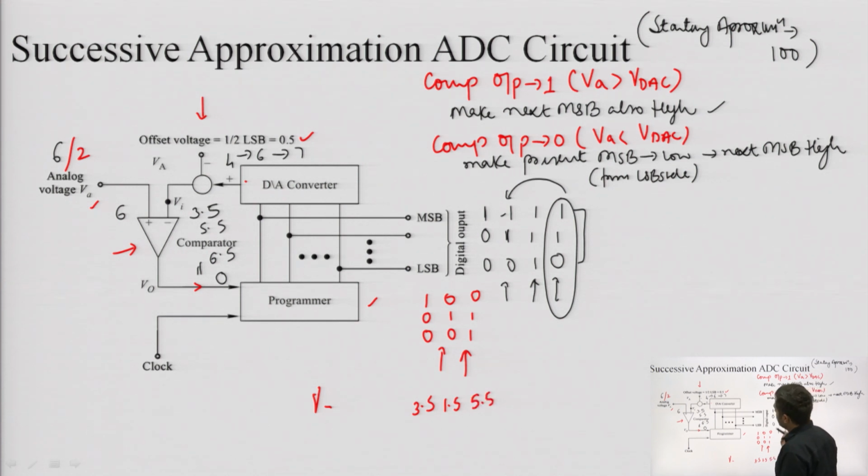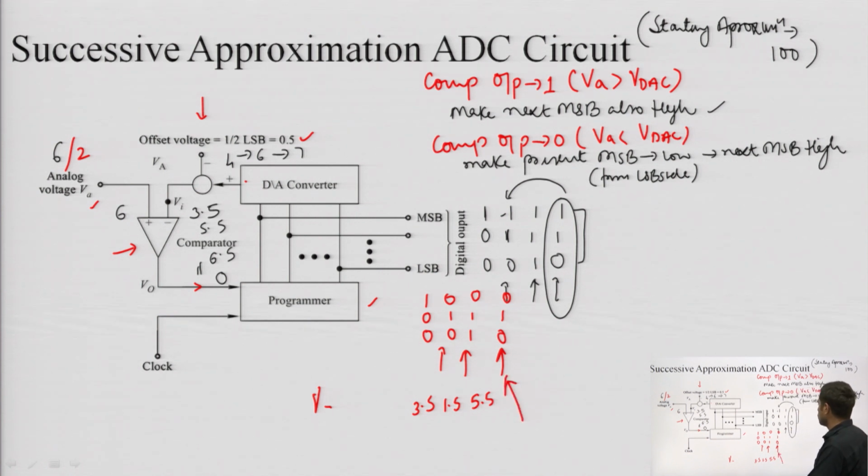Then we can check that it again shows that it is still higher. Now it becomes higher, and in the higher case it will say to remove the last MSB, the next highest MSB. So from that point of view it will be showing this 0, 1, 0. So it will be stopping here at 0, 1, 0 as the stages are starting to repeat.